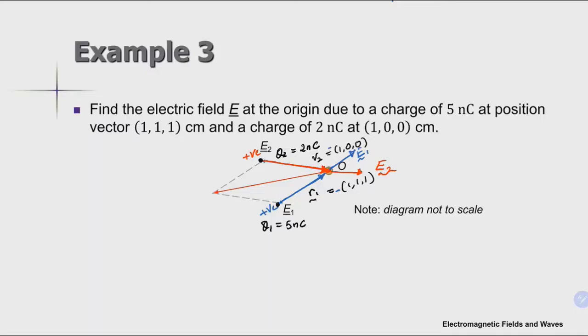And then you can define your electric field. E1 will be equal to Q1 over 4 pi epsilon naught R1 squared times the unit vector R1. And then you define E2 as Q2 over 4 pi epsilon naught R2 squared times unit vector R2.